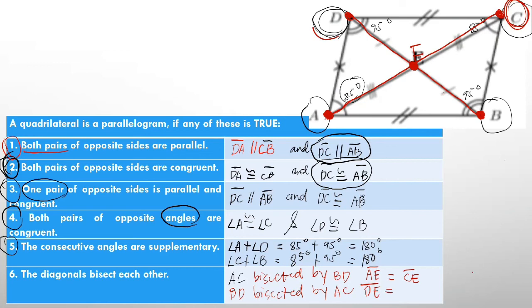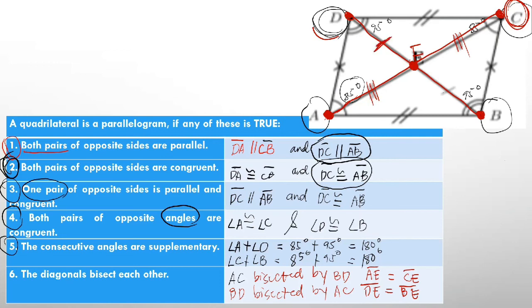Again, so kung etong diagonal AC natin, pag bisect natin siya into two equal parts, then this measurement is equal to the other. So, ibig sabihin yung measurement nila ay pareha. And since yung diagonal DB natin ay binisect ni AC o hinati ni AC into two equal parts, therefore this side or this line na DE is equivalent siya kay BE.